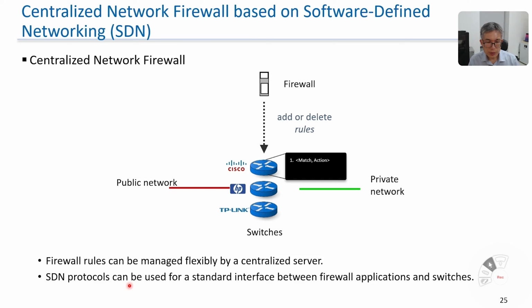SDN protocols can be used as a standard interface between firewall applications and switches. So we are assuming this is the firewall application. To make it easy, we introduce the SDN controller. This is the firewall-related application to provide policy. The actual firewall service is done in the switches.